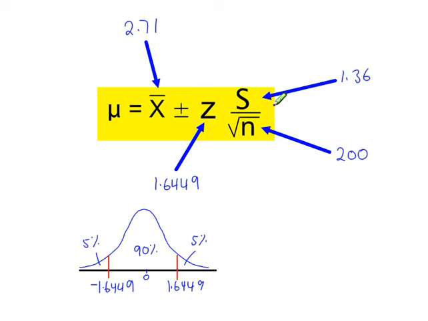This is the formula to work out the confidence interval for the population mean, where we're using an estimated value for the population standard deviation. So we're using the sample standard deviation's value inside here.